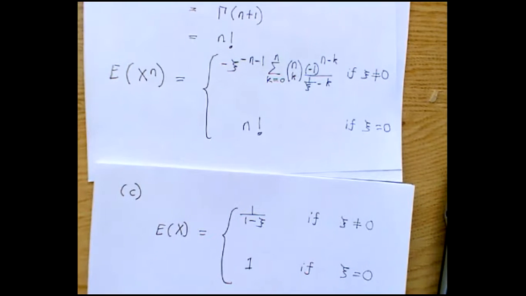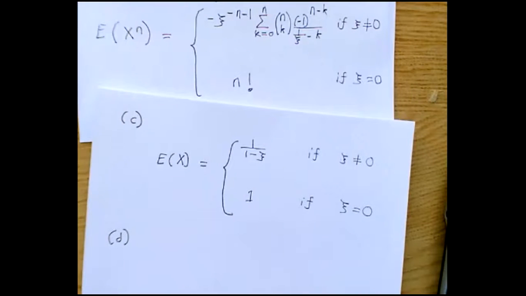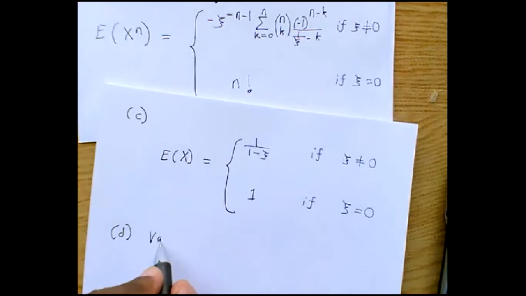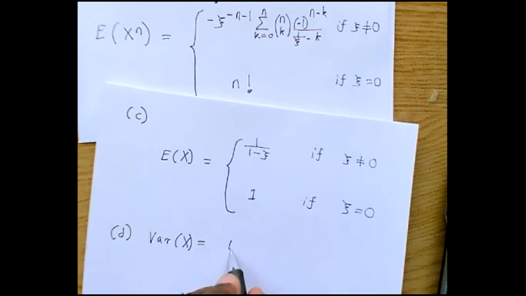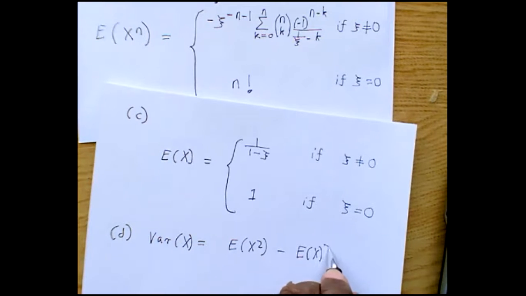Okay, and finally, to do part D of the question, which is to find the variance of x, which is given by this, right?